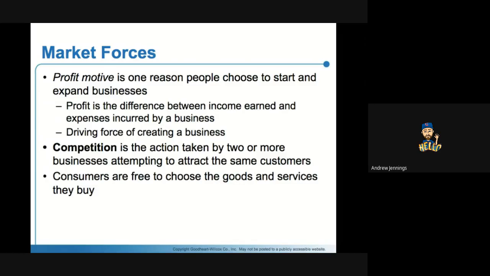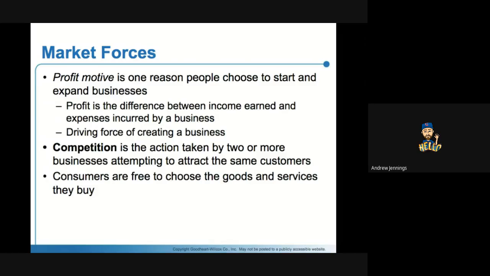Now, once businesses are created, we're put into probably the most important market force, and that's competition. It's basically what controls our economy, okay? And competition is basically just the action taken by two or more businesses when they're attempting to attract the same customer. And it regulates prices, it regulates advertising, it regulates what stays in business.